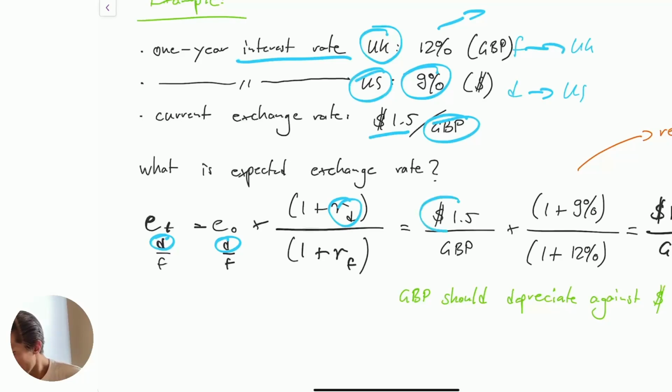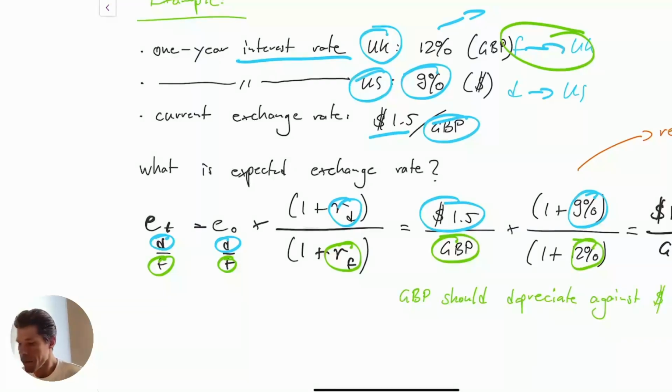Here the US 1.5, very important, not the other way around. And then for the UK, pounds and the UK interest rate here. Just be consistent; again, it doesn't matter which country you consider domestic or foreign.